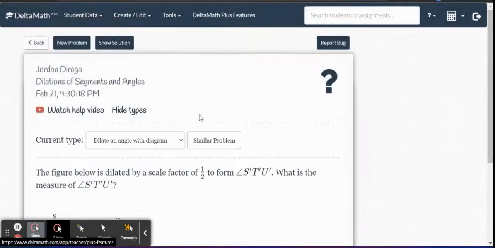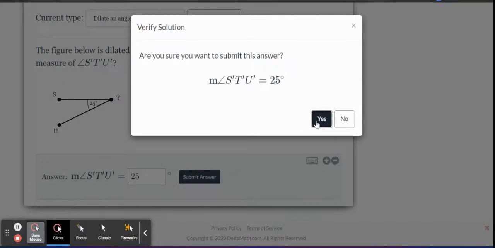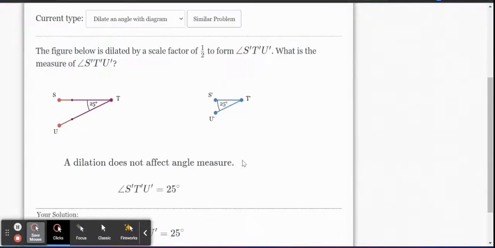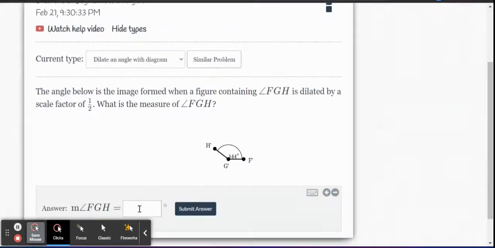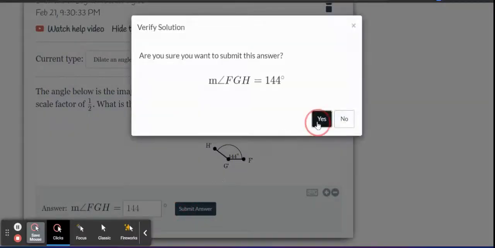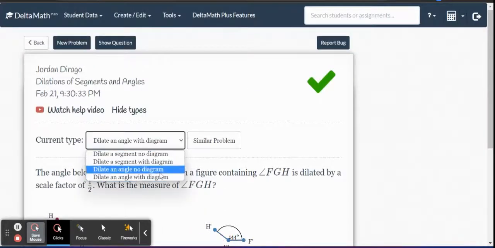All right, let's look at another one. 25, it's going to stay 25. So when it's similar, the angle size stays the same. It doesn't change, just the side length. Let's do one more. 144 is going to stay the same, even if there's no diagram.